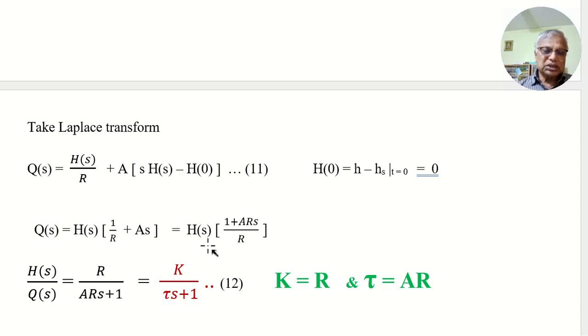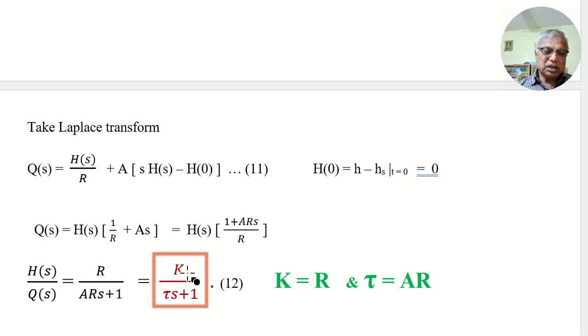You can see this simplification, simple rearrangement. And if you rearrange and take Hs by Qs, you are getting R by (ARs plus 1). And this is of the form K by (tau s plus 1), is it not? Which is first order.